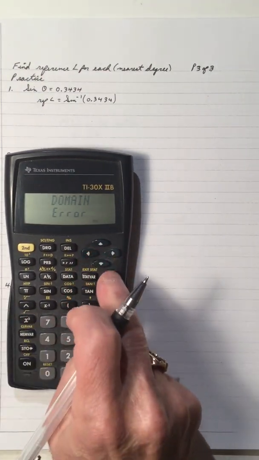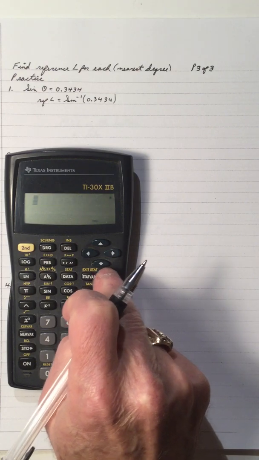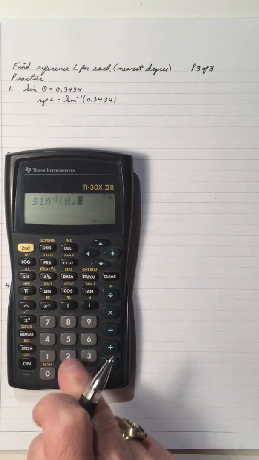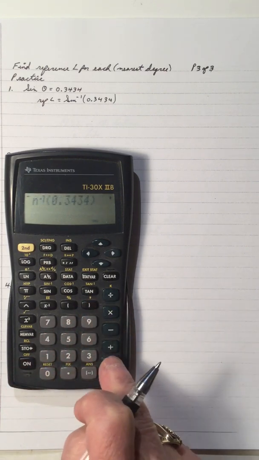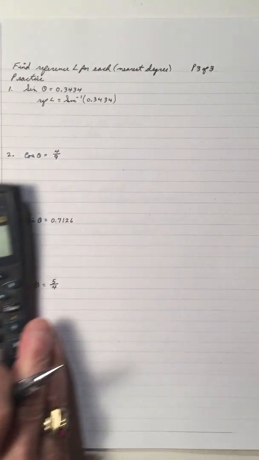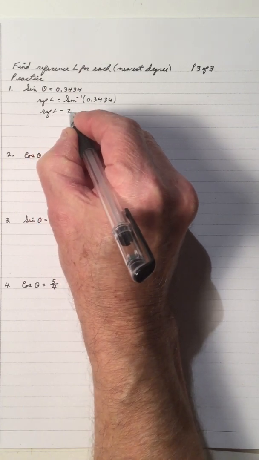We take our calculator, clear it, so inverse sine of 0.3434 and close it off. Notice we got 20.08, so the reference angle is 20 degrees.